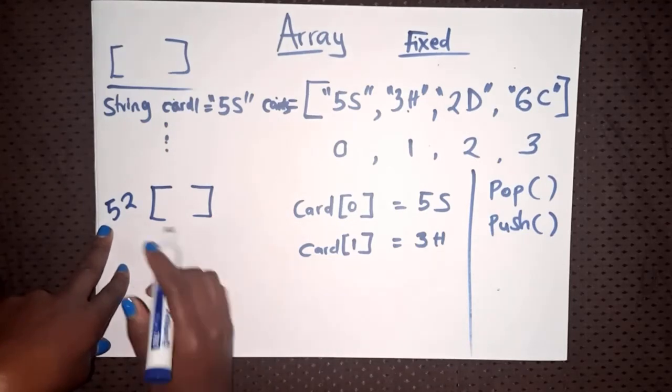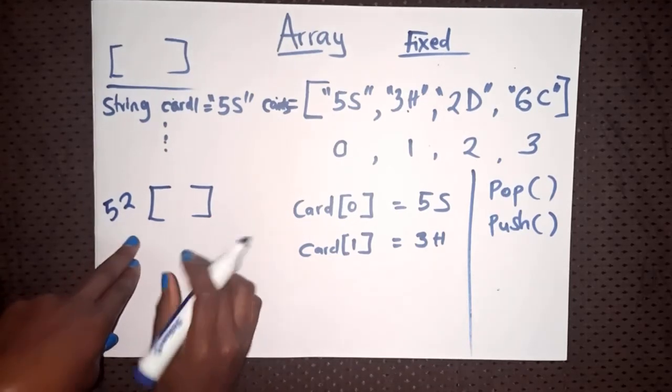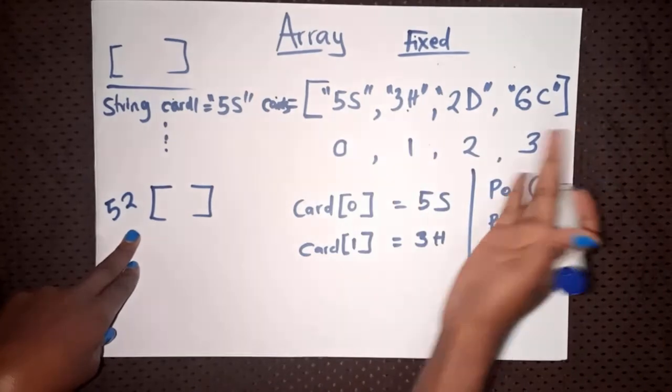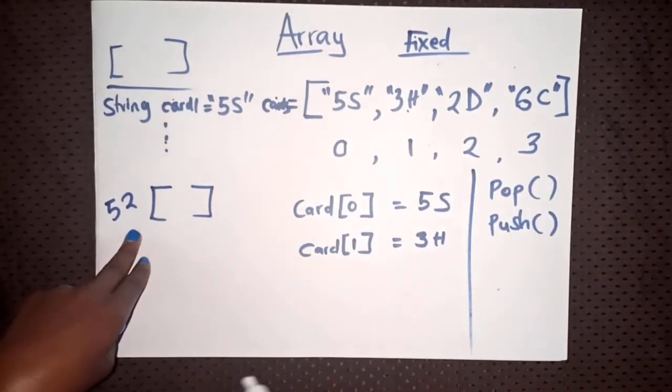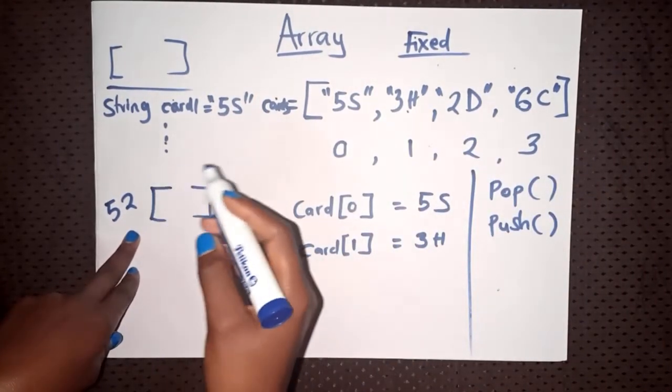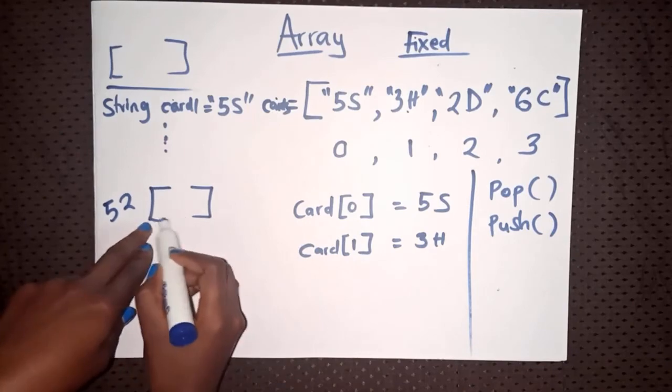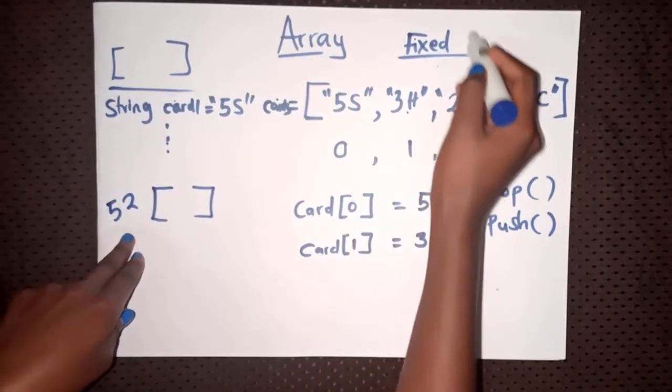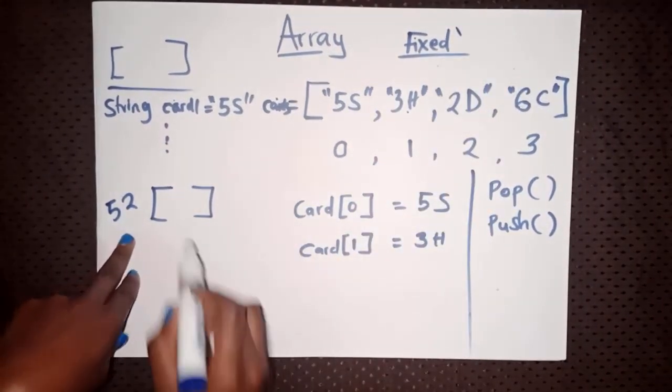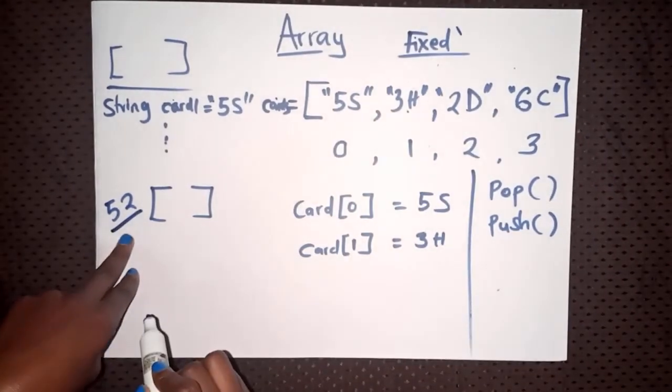So this is 0 to 51. For our case here, since they're cards, it's 52 or 54. You want to play with the jokers or not? If you do not, then it's 52.